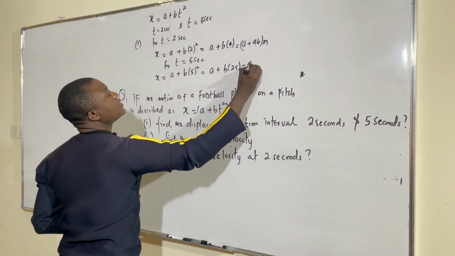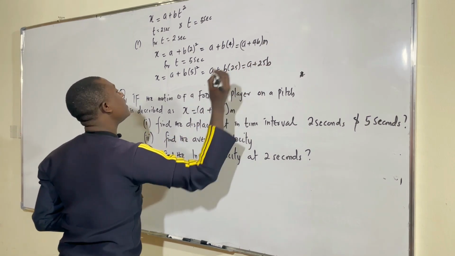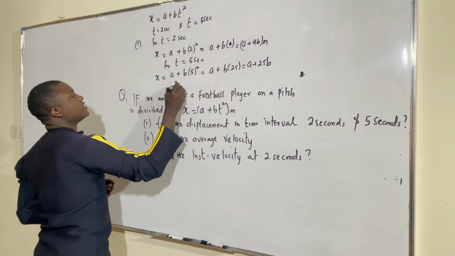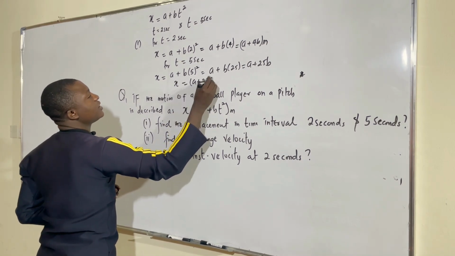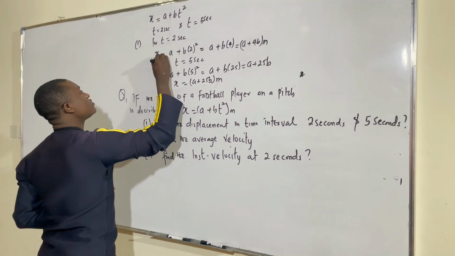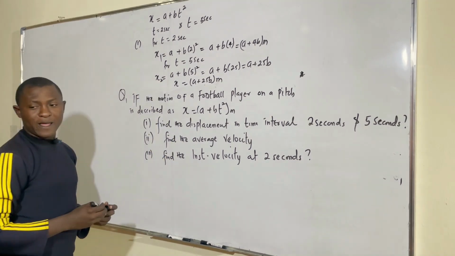So this is nothing but a plus 25b. So my second x is a plus 25b in meters. So this is the first one, and this is the second one. I hope you are getting it right.